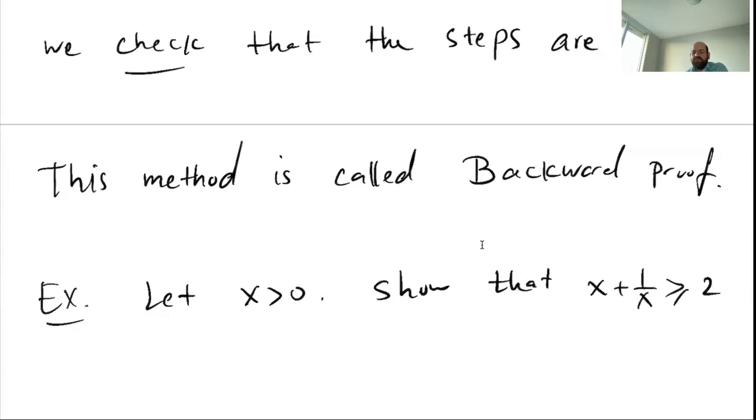For example, 5, as long as, of course, the number is positive. 5 plus 1 over 5 is of course bigger than 2. Even if the number is less than 1, for example, 1/2: 1/2 plus 1 over 1/2 is 1/2 plus 2, which is also bigger than or equal to 2. If the number is 1, 1 plus 1 is bigger than or equal to 2. So any number plus its reciprocal, as long as the number is positive, is bigger than or equal to 2.